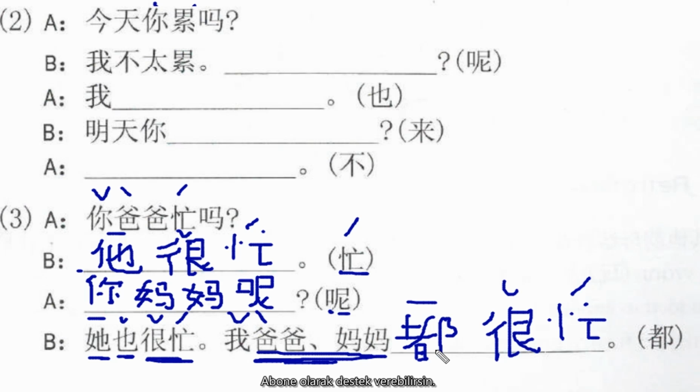Okay, like this. I hope you all deeply understand where we can use 也, 都, and how we can understand whether our answer must be positive or negative.